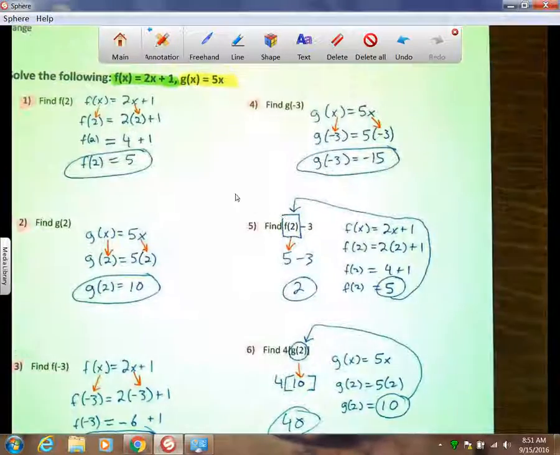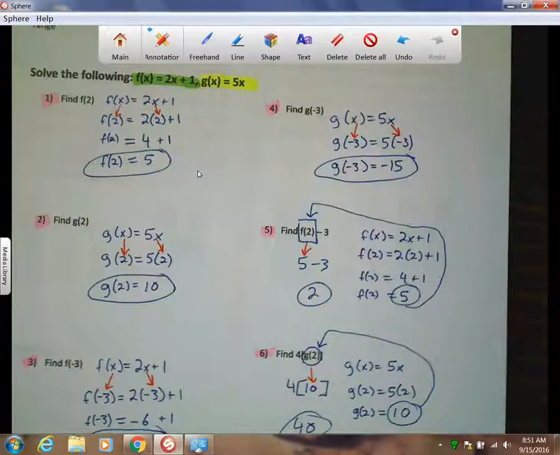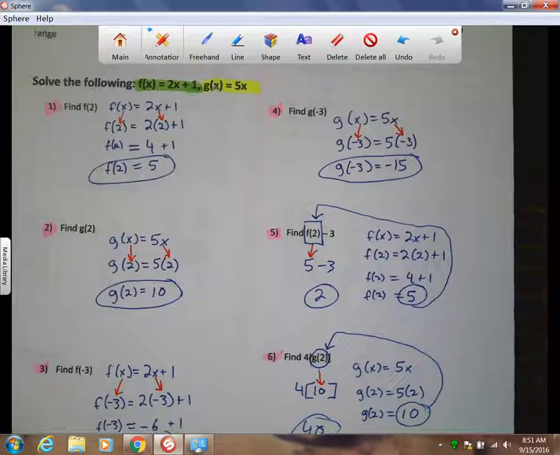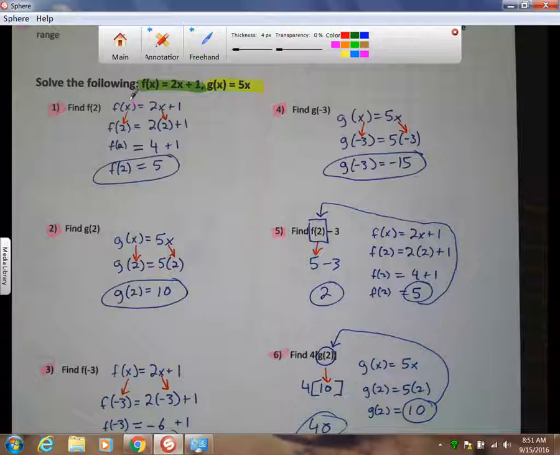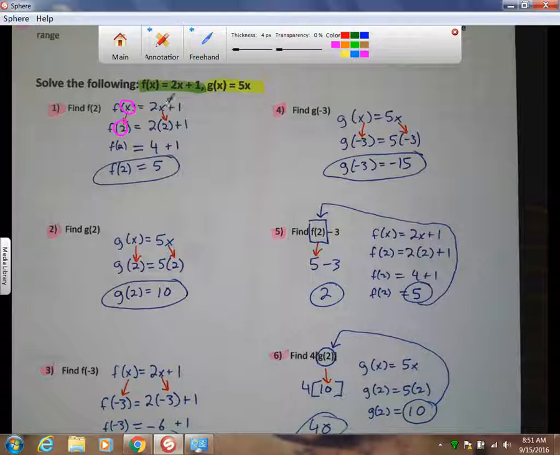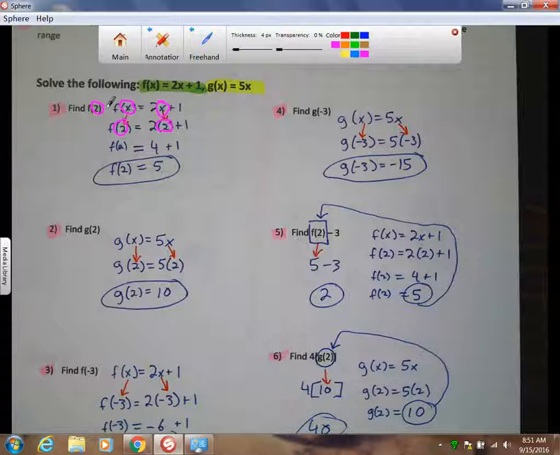Functions. Make sure you can solve a function. Make sure you pay attention to how I do it. So if I look here, see how I replaced x with 2, because I'm trying to find f of 2. But I didn't change anything on this side.